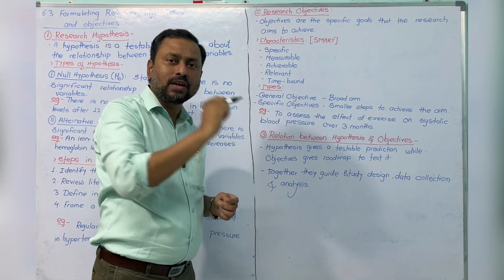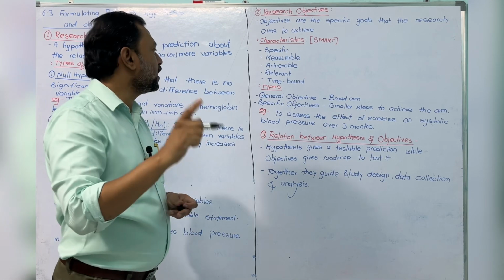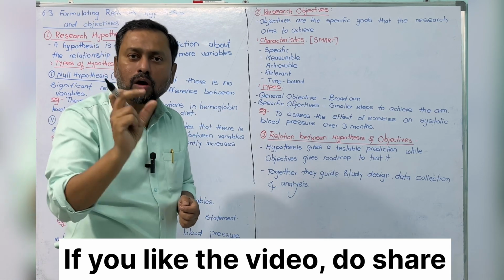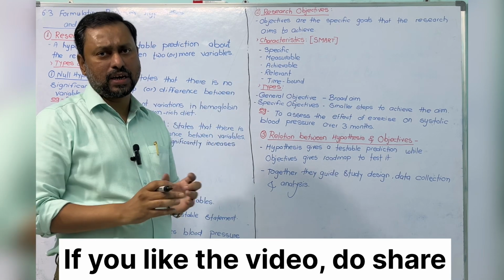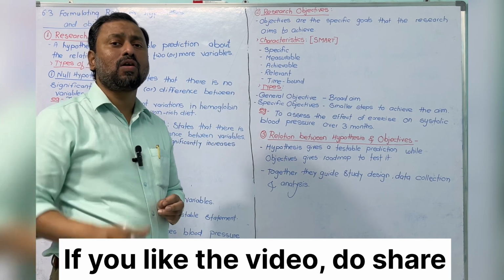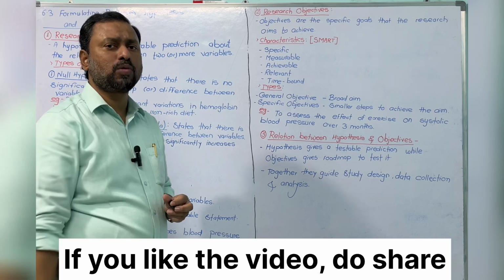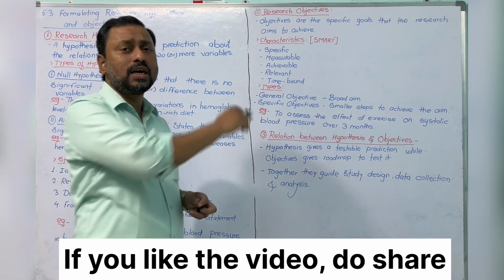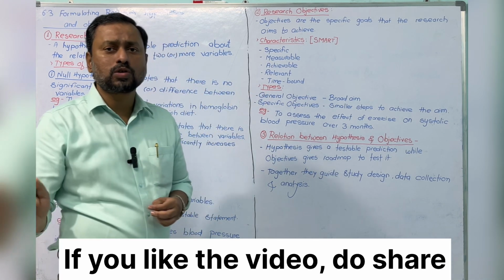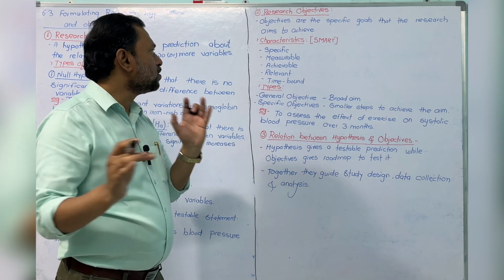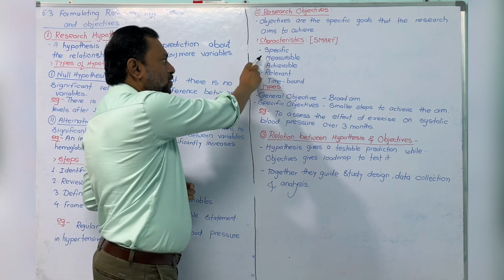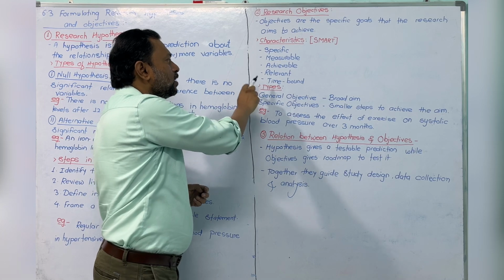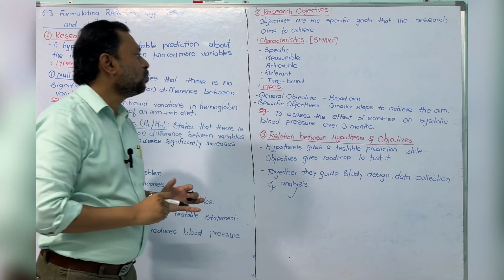It should be relevant, related to your topic, and time bound, that is, completable within a time period. Only those topics you select based on the SMART criteria: specific, measurable, achievable, relevant, and time bound.